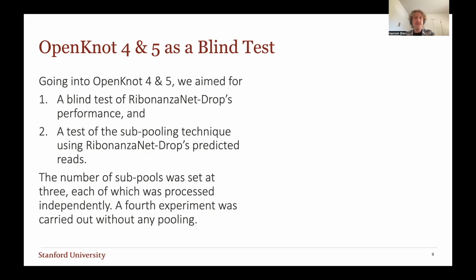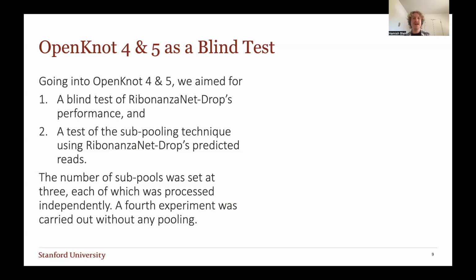We passed the entire library through RibonazaNet-Drop, and using the predicted read counts, we split it into 3 sub-libraries, one sub-library containing all the lowest read sequences, one containing the medium read sequences, and one containing the high yield sequences. And as a 4th experiment for a control, we also did the same experiments, but without any of this splitting, any of this pooling at all.